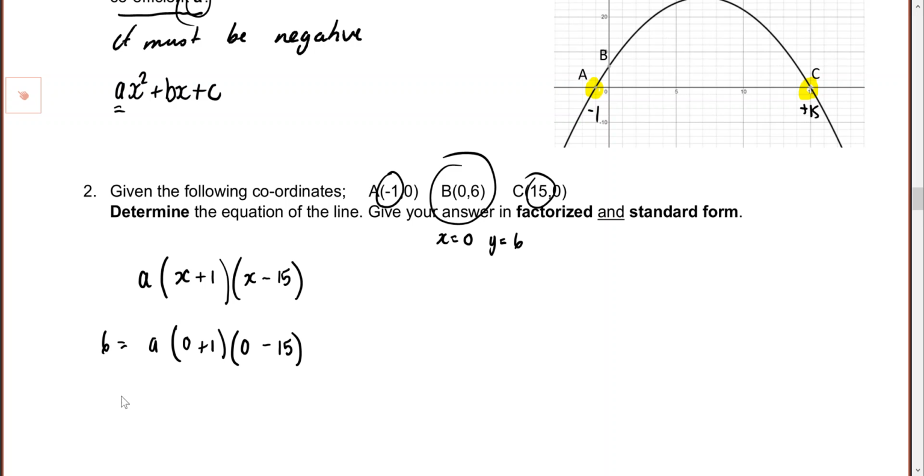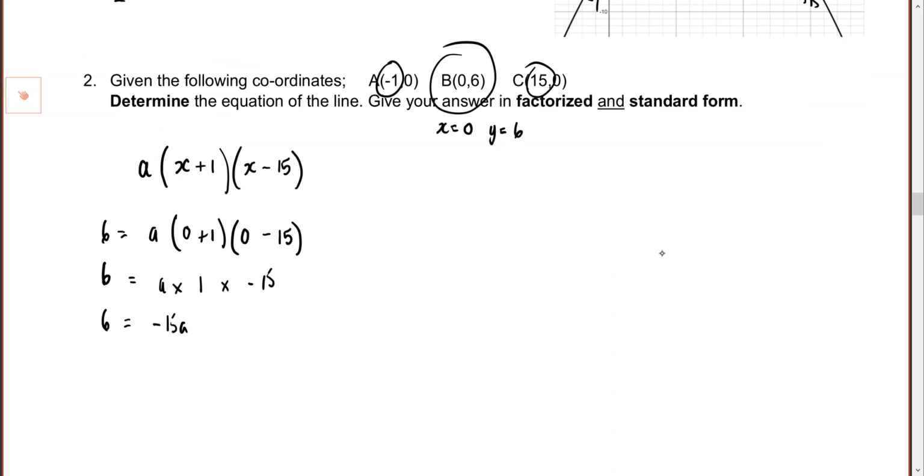Okay. What do we do now? Well, we solve for a. So this is 6 equals 0 plus 1, a multiplied by 1 multiplied by negative 15. So we've got 6 equals negative 15a. Looking good so far because it's a negative. Then a equals 6 over 15, and it'll be negative.